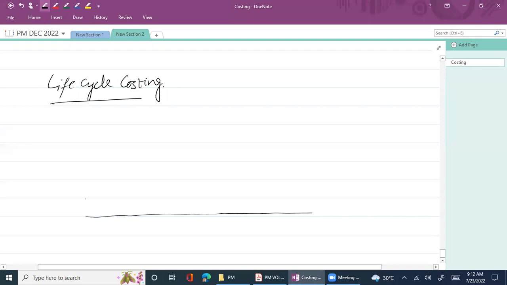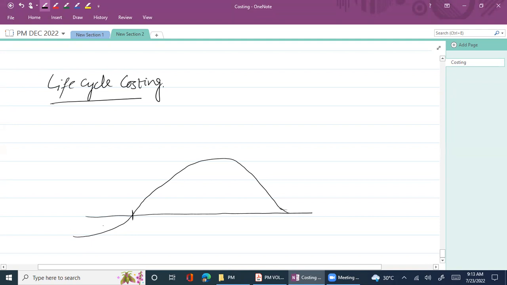If I show you a product life cycle, it will be just like this. Here, the product comes for public use, or we can say that at this point the product is launched.